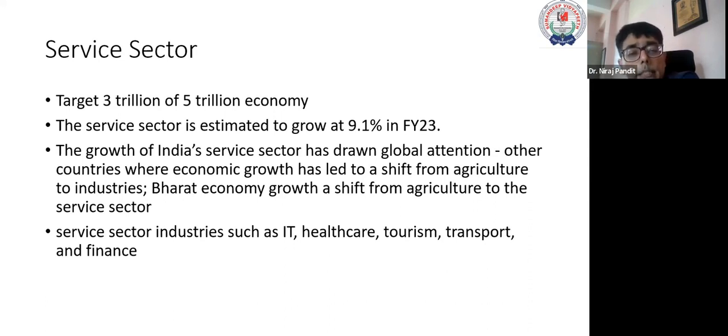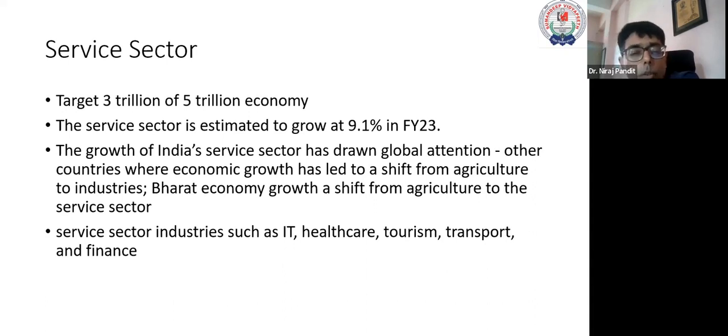The growth of India's service sector has drawn global attention. This is very important. Usually, whenever a country moves towards becoming developed, it moves from agriculture to industry. All the Western world developed their economy from agriculture to industry.